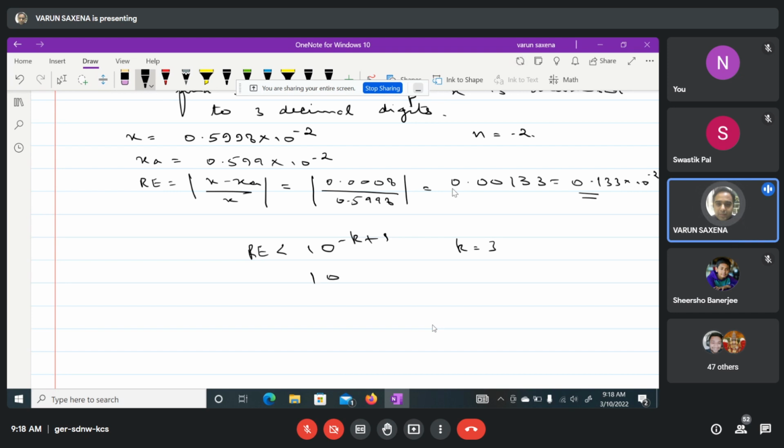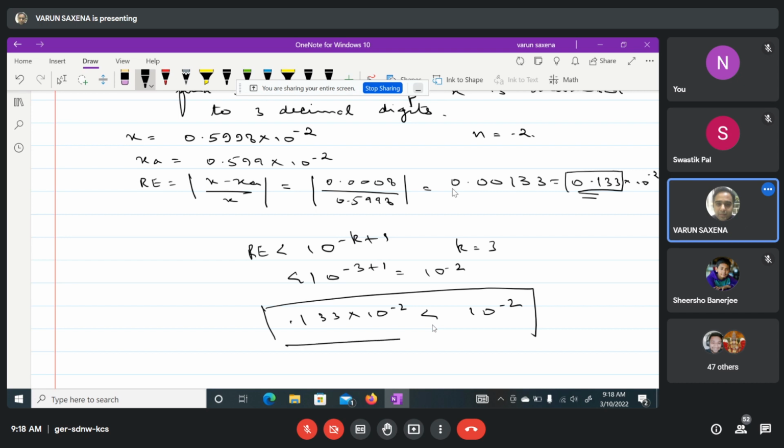So that means your RE should be less than 10 to the power of -3 plus 1, which is 10 to the power of -2. And you can see that it is less than this value because this value here is less than 1. That means 0.133 into 10 to the power -2 is less than 10 to the power -2, so that rule is satisfied.